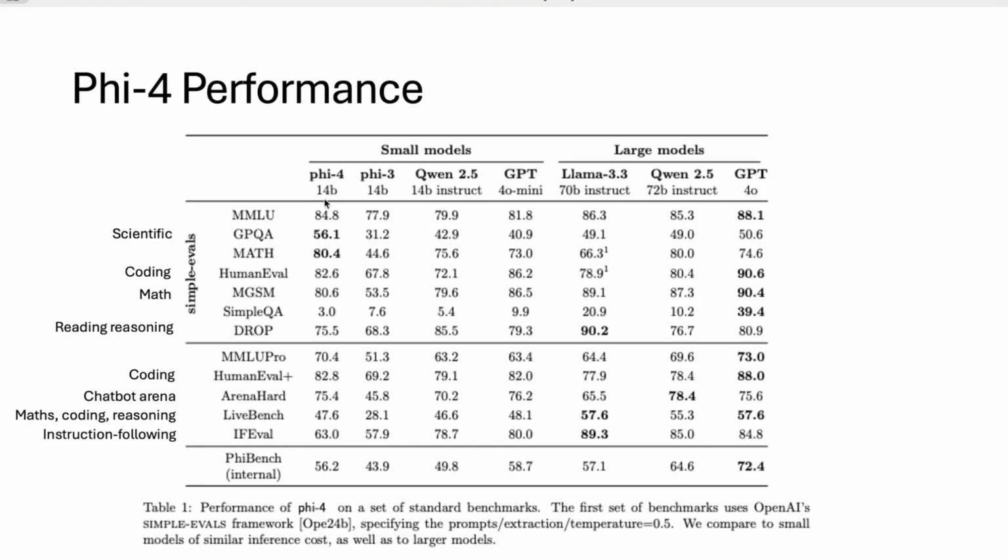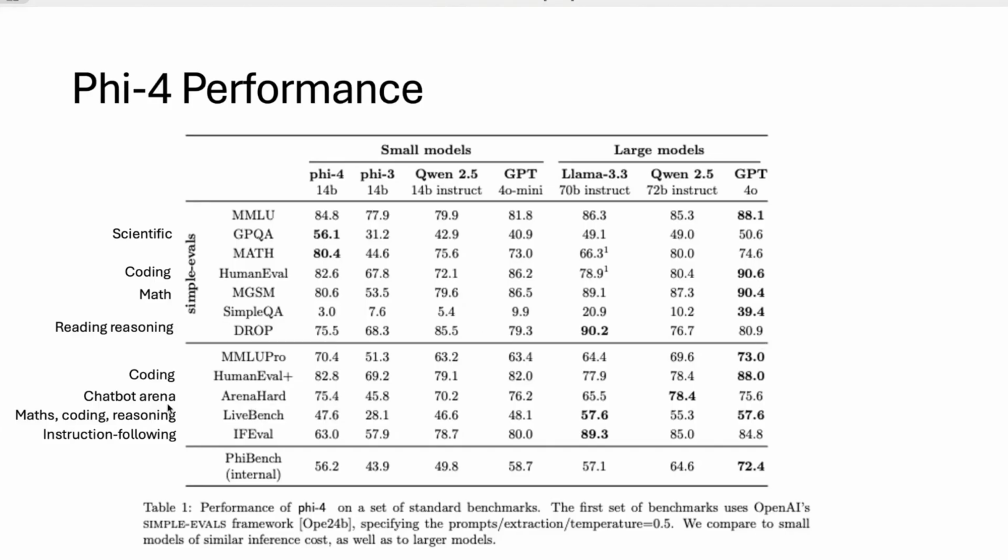If you compare the 14 billion model, Phi-4, the latest of Microsoft's SLMs, to GPT-4o, which we think is the most powerful closed-source LLM in the market, I would say in terms of scientific Q&A, math capabilities, or reading reasoning, the gap is not that big, and sometimes it's even better.